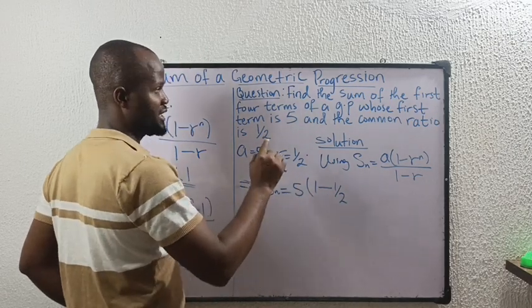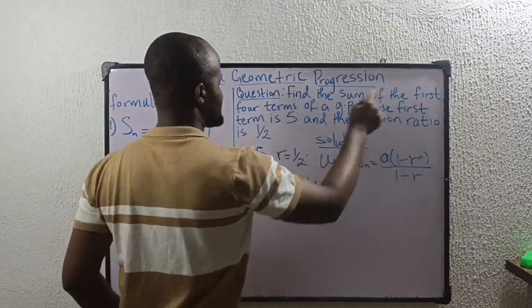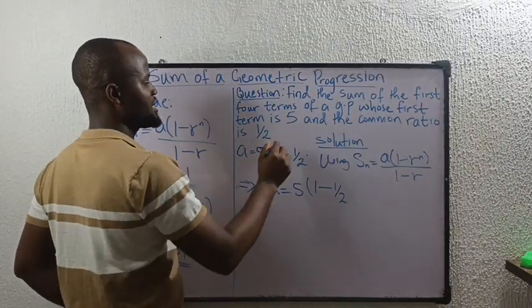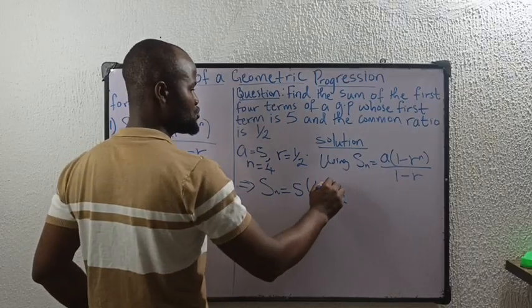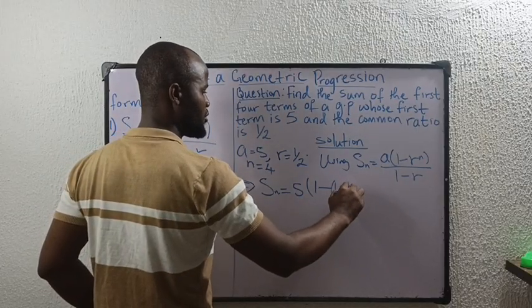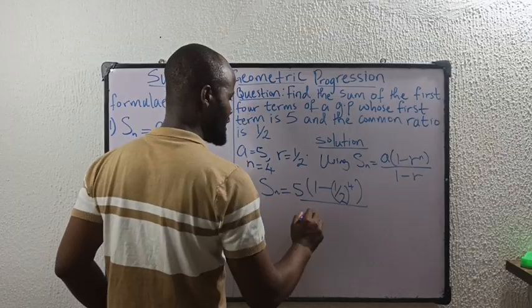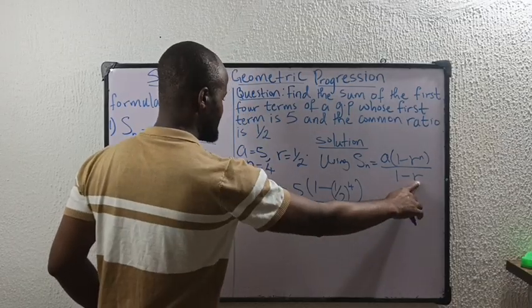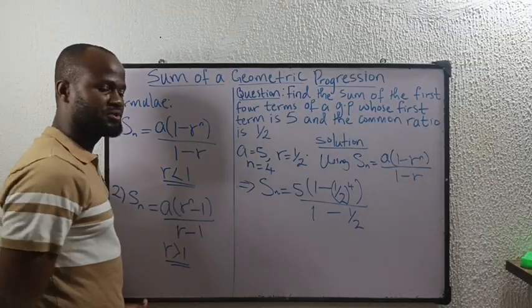And what's the value of my n? So we didn't identify our n. They said, find the sum of the first 4 terms. So that means our n equals 4. So this is going to be raised to the power of 4. Close the bracket. All divided by 1 minus r, which is 1 over 2. Very simple.